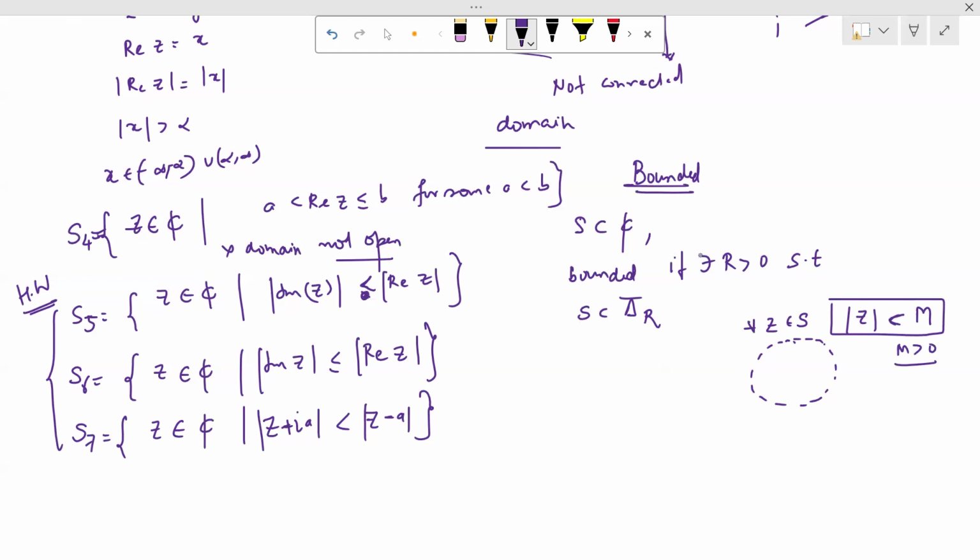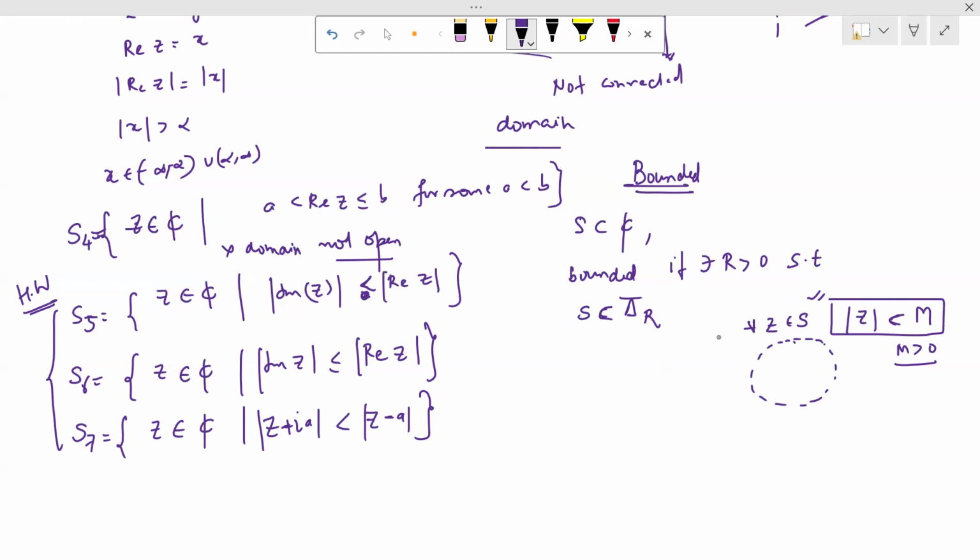Or otherwise, we can say that if set S is contained inside some closed disk of radius R, obviously all the elements would be less than the radius of this particular disk. All the elements contained in S would have magnitude less than R. So clearly this is also a way of defining boundedness.